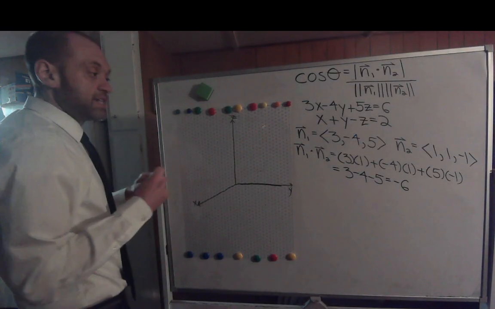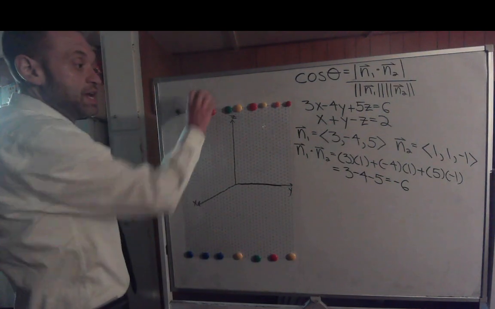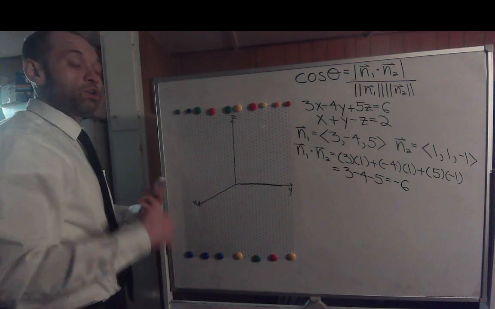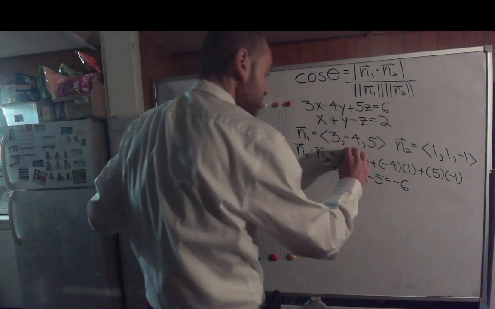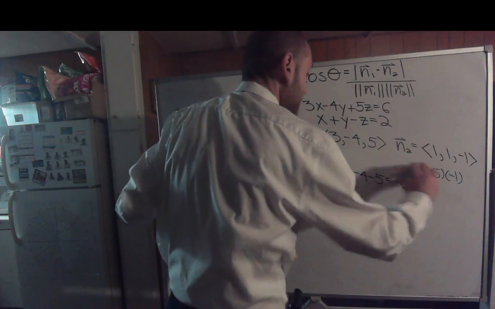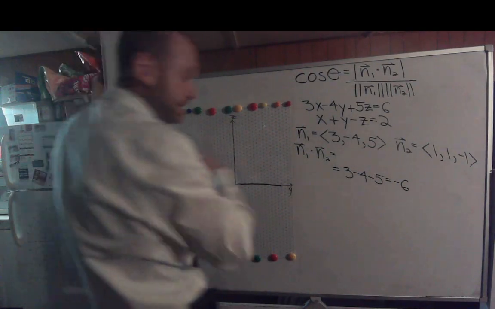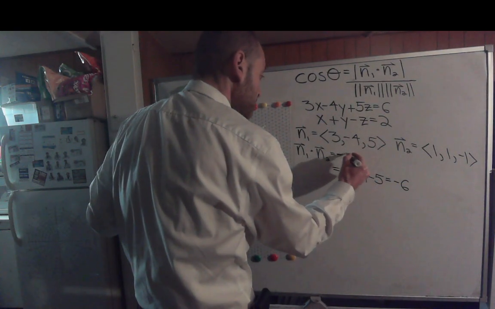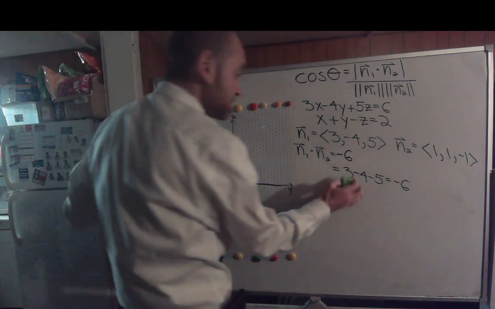So we have a dot product of these two vectors being negative 6. I'm going to erase some of this work for room's sake. We need to save some room here for when we go to solve for the angle. So if you need to see how I got there, please feel free to rewind the video. Alright, so there's my dot product.